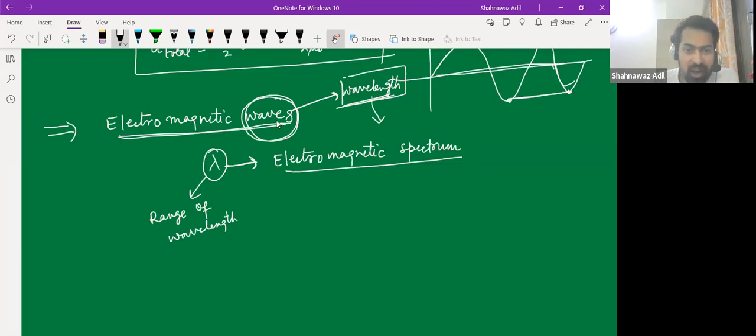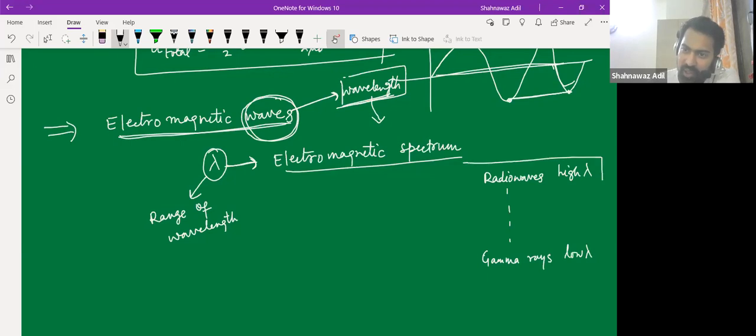Some waves have very high wavelength, lambda, and those are called radio waves. Some have very small wavelengths, and those are called gamma rays.